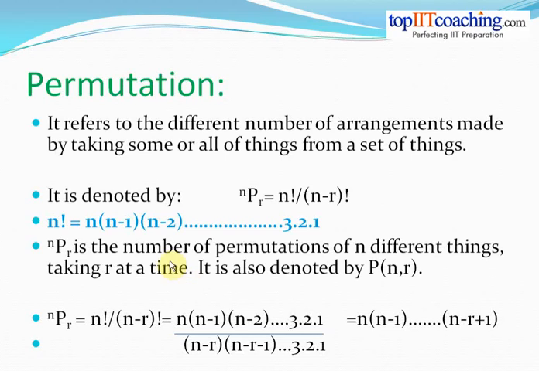Now it is equal to n factorial divided by (n minus r) factorial, and n factorial is nothing but n into (n minus 1) up to 3 into 2 into 1, or in other words, the continuous product of consecutive natural numbers varying from n to 1. And so nPr is equal to n factorial divided by (n minus r) factorial, and when we solve it, it becomes n into (n minus 1) up to (n minus r plus 1).